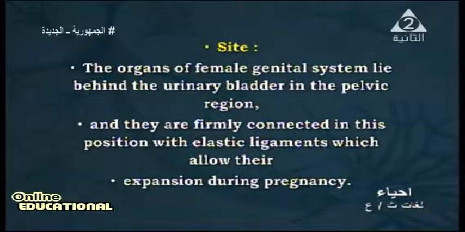You know what is meant by ligaments? Ligaments are a type of tissue that binds the organs together. This ligament allows the uterus to increase and decrease in size to hold the baby during pregnancy.